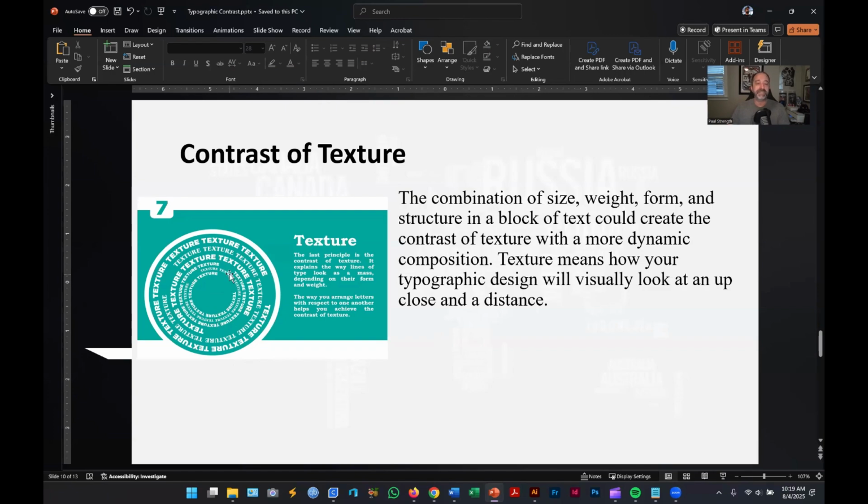But because the text gets smaller as it gets closer to the center, it makes it look like you're staring down a tunnel, right? It's the Twilight Zone. So the texture zone. So be really careful about that, okay? I wouldn't worry too much about texture, but it could definitely create some interesting contrast. But also size can create some of that as well.